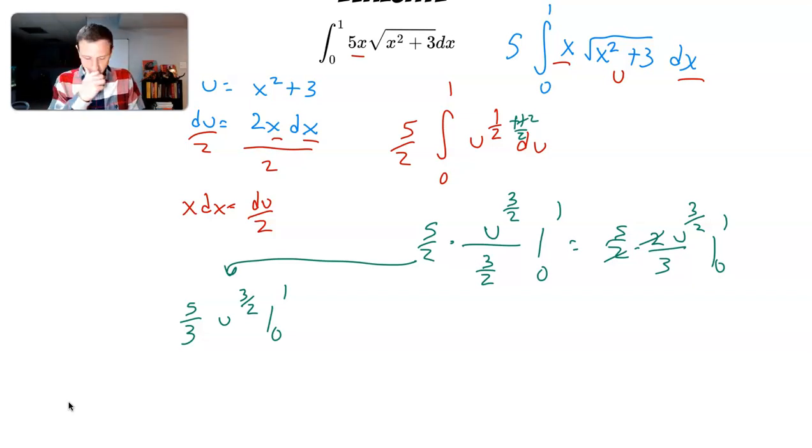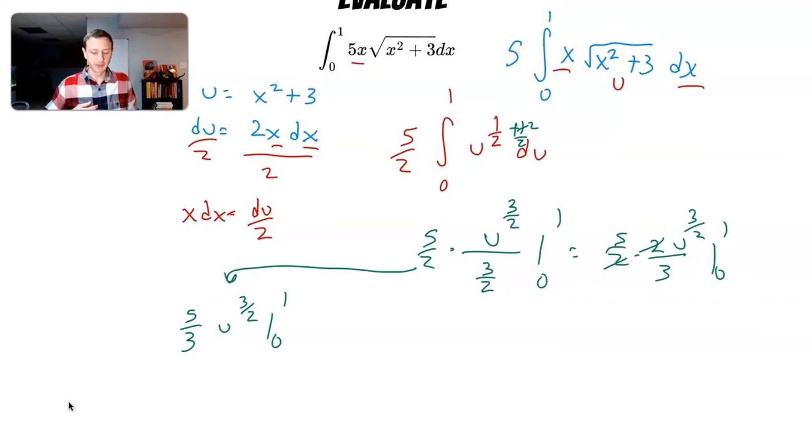Now the next step, sometimes people will actually change the limits of integration, meaning you'd plug 0 and 1 into the u expression. Some textbooks do that, some textbooks don't. It's really important that you know how to do that if you plan on moving on to more advanced calculus, like Calc 2.